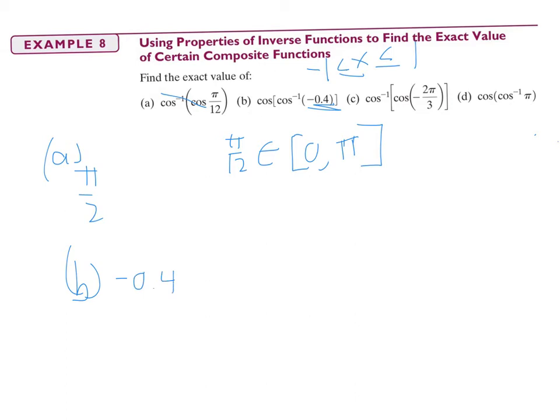Now for part C, cosine inverse of cosine of negative 2 pi over 3. Negative 2 pi over 3 is not in this interval. It is down here. So what you can do is find the corresponding angle in that interval. In the first quadrant, the angle that's 2 pi over 3 away from the x-axis would just be 2 pi over 3.